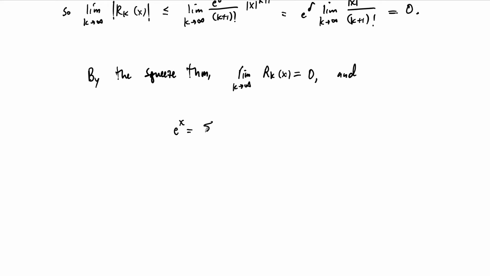So e to the x is equal to the sum, and it goes from 0 to infinity, 1 over n factorial x to the n, right? And this is true for all x in R, all real numbers.